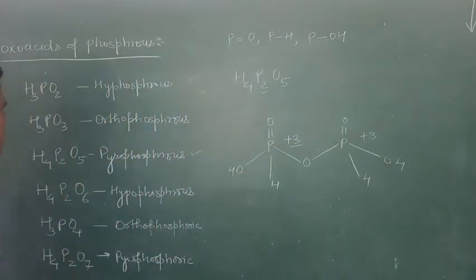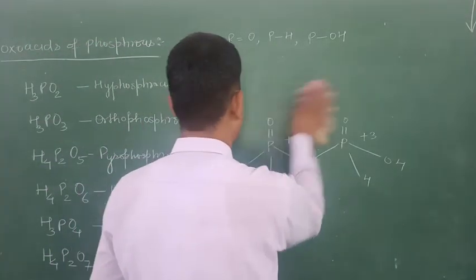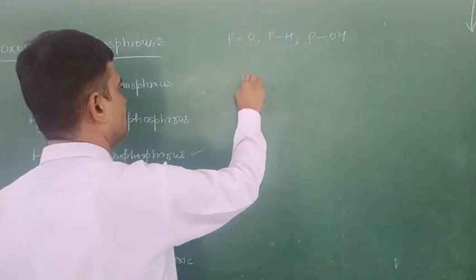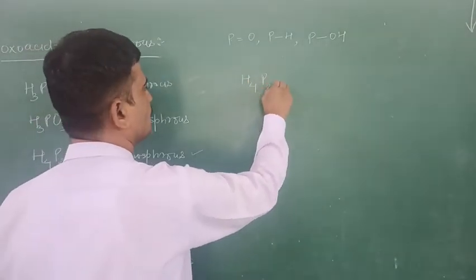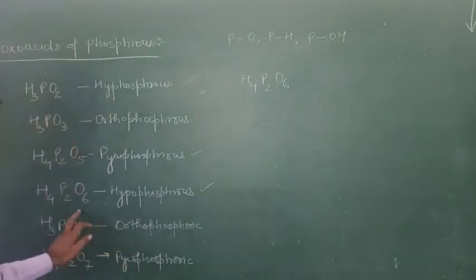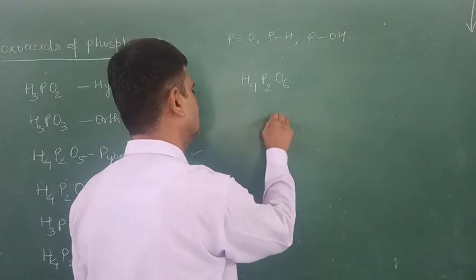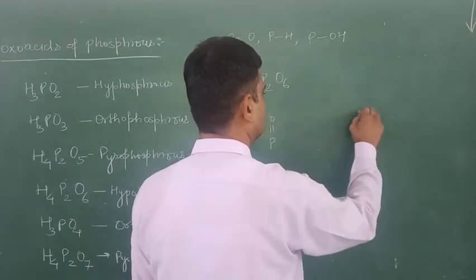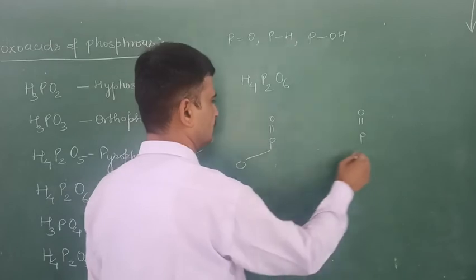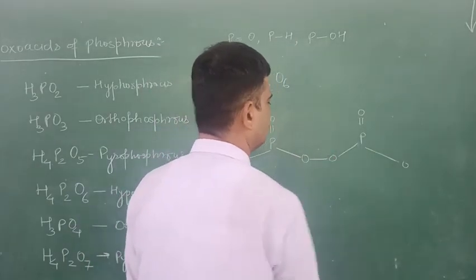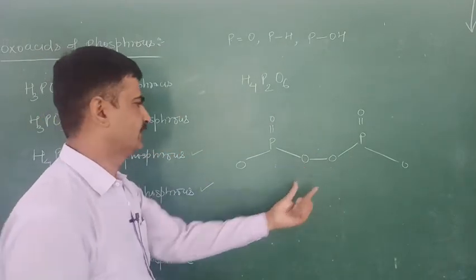After this we will discuss our next acid in this series, H4P2O6, known as hypophosphoric acid. What is the structure of this acid? These are joined through the peroxide bond.